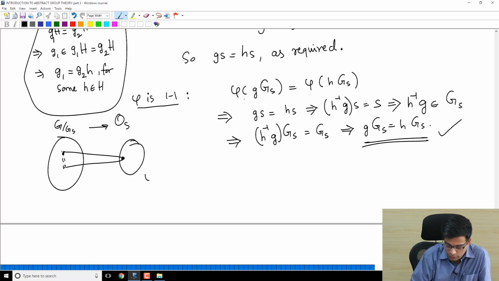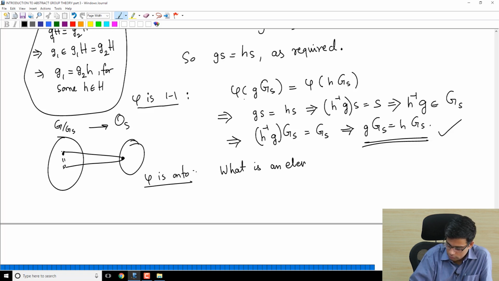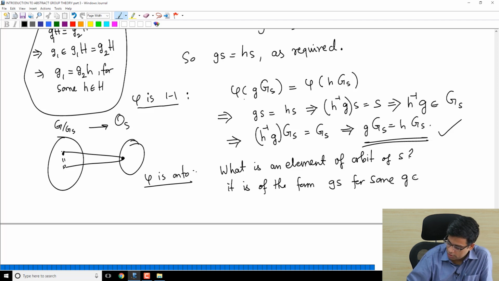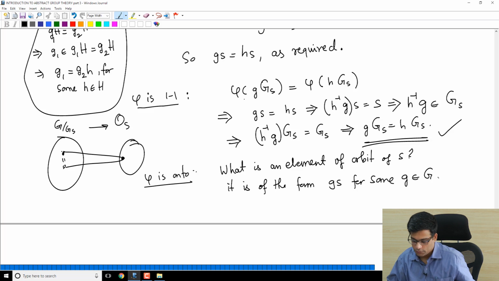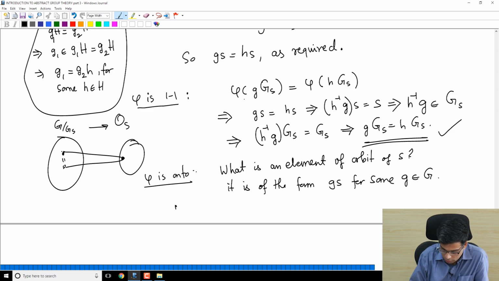This completes that proof. Finally, is phi onto? What is an element in the orbit of S? A typical element is of the form gS for some g in G. Then we have phi of gGS equal to gS.